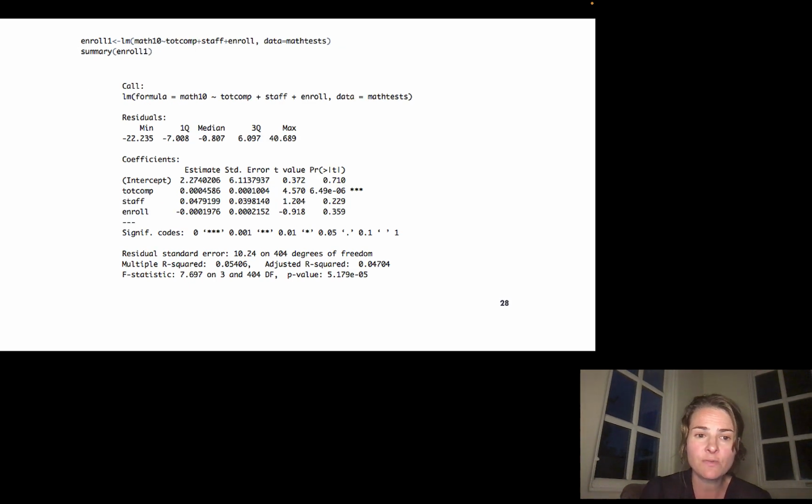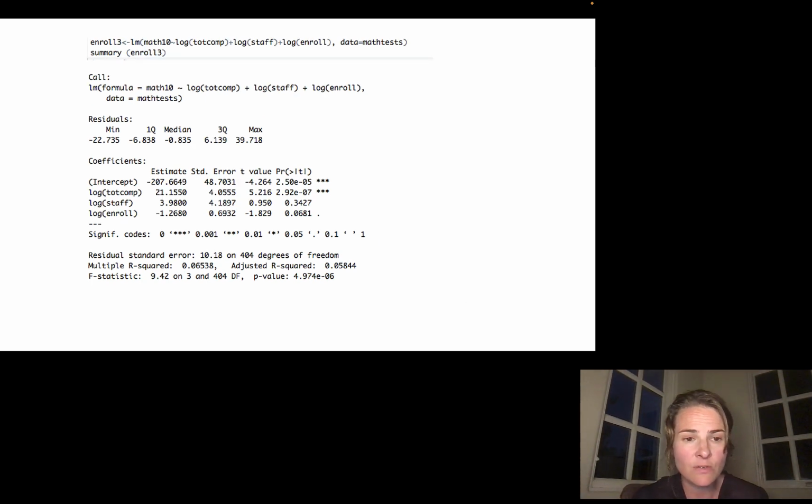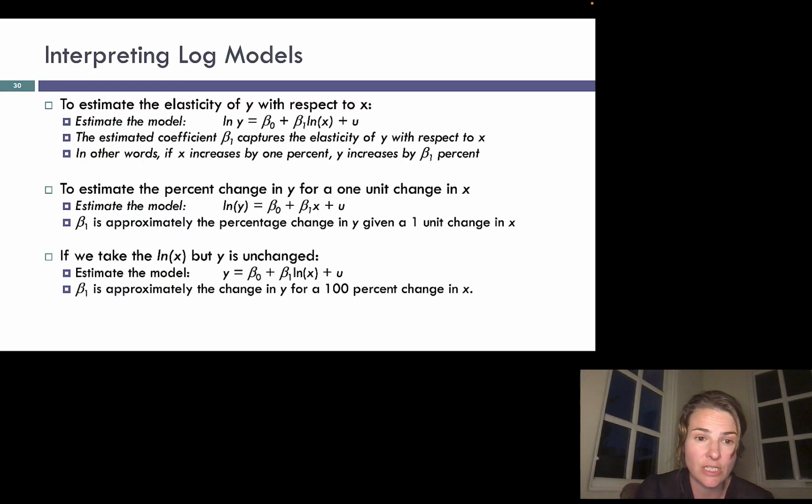While the first one tells you that a $1 increase in total compensation increases math scores on average by 0.004586 points, this one tells you that a 1% increase in total compensation increases math test scores by about 21 points. So it's giving you very different information.